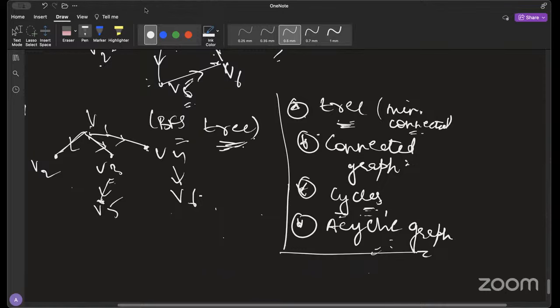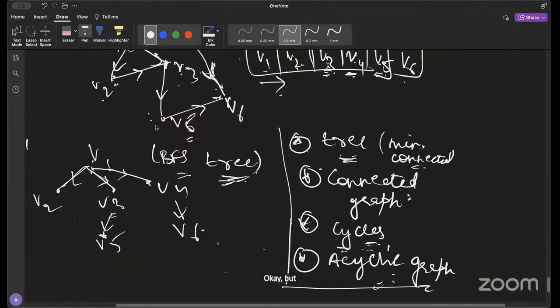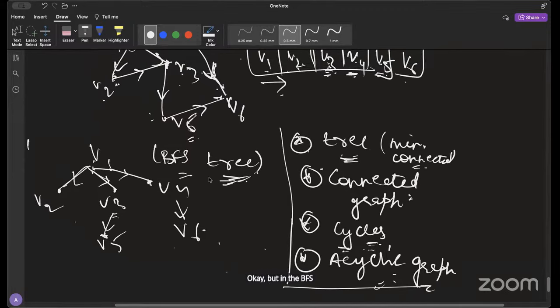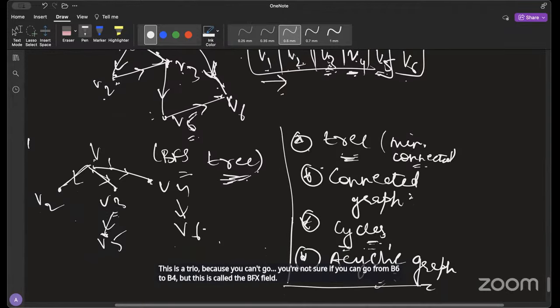Is it all right? Yeah, ma'am, all right. Okay, but in the BFS tree, ideally you shouldn't be calling this a tree, because you're not sure if you can go from V6 to V4, but this is called a BFS tree only.